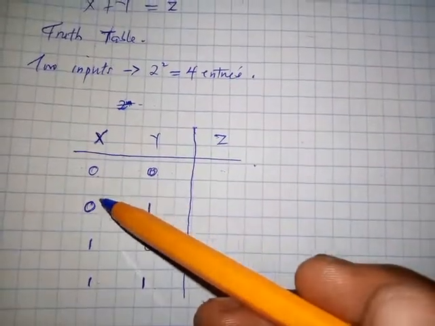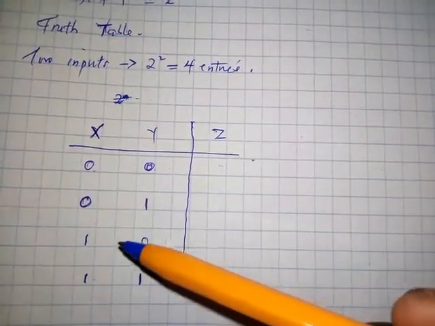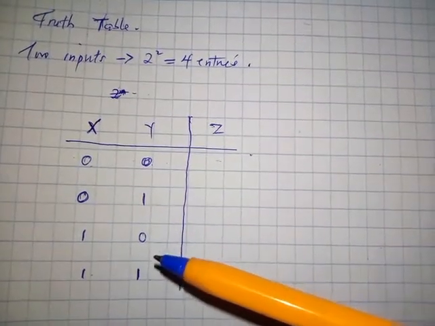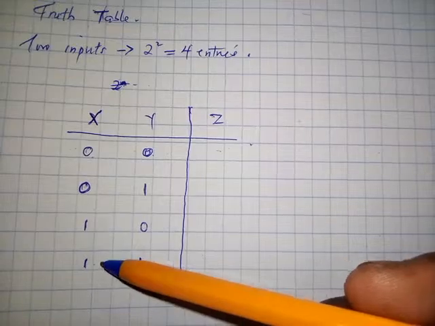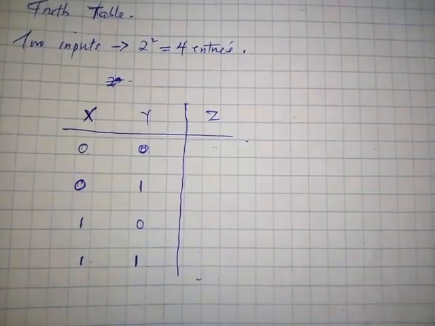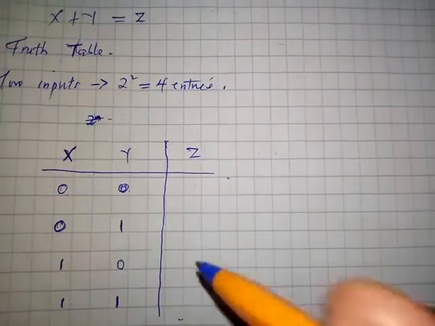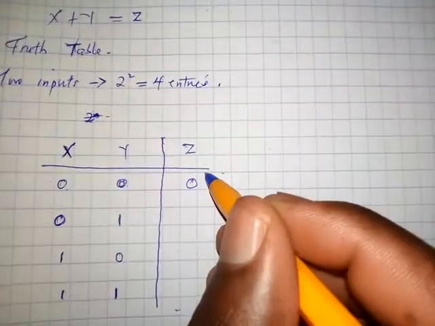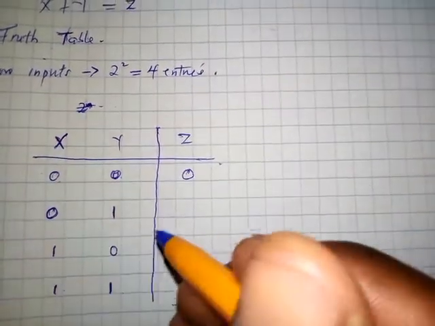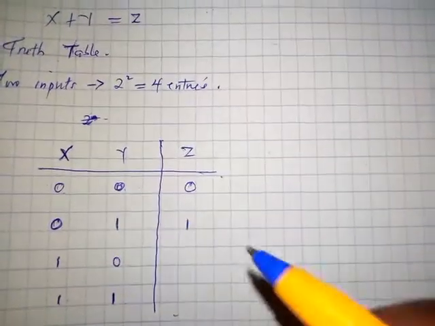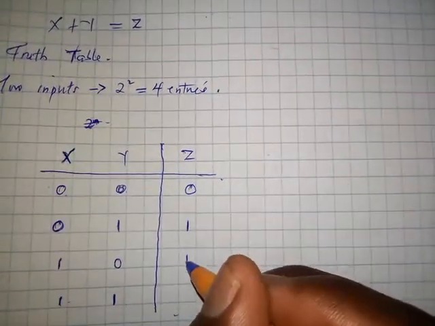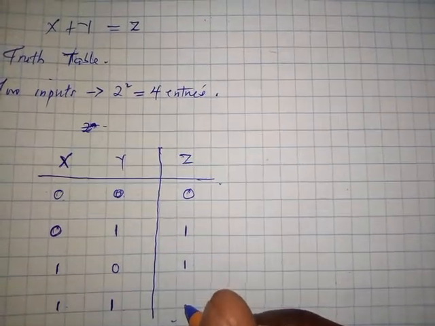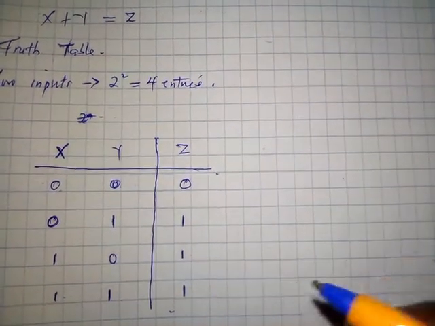When X is 0, Y is 1, what is Z? When X is 1, Y is 0, what is Z? And when X is 1, Y is 1, what is the value for Z? So 0 plus 0 is 0, 0 plus 1 is 1, 1 plus 0 is 1, and 1 plus 1 is 1. Are we there?